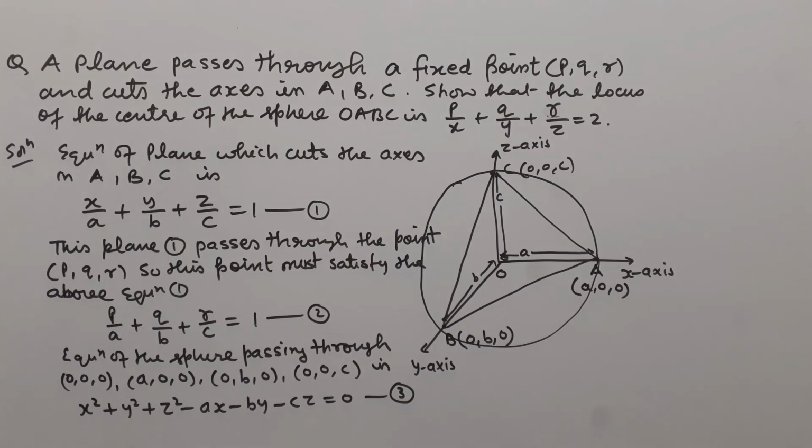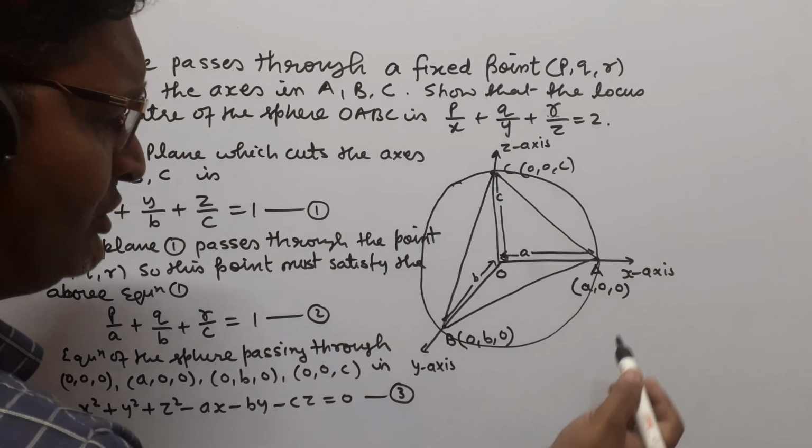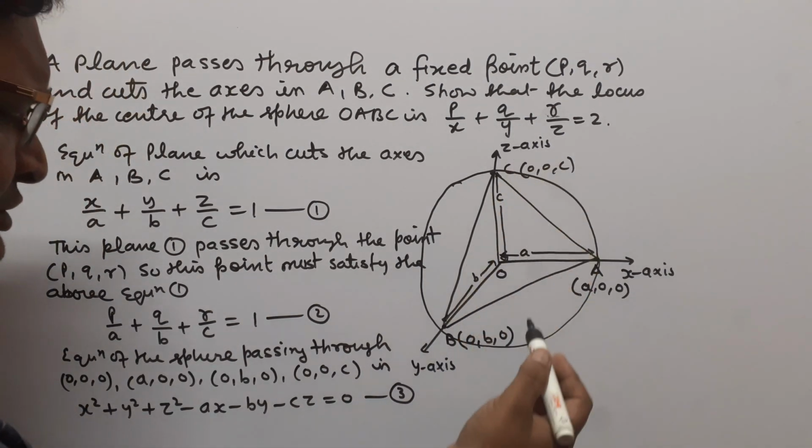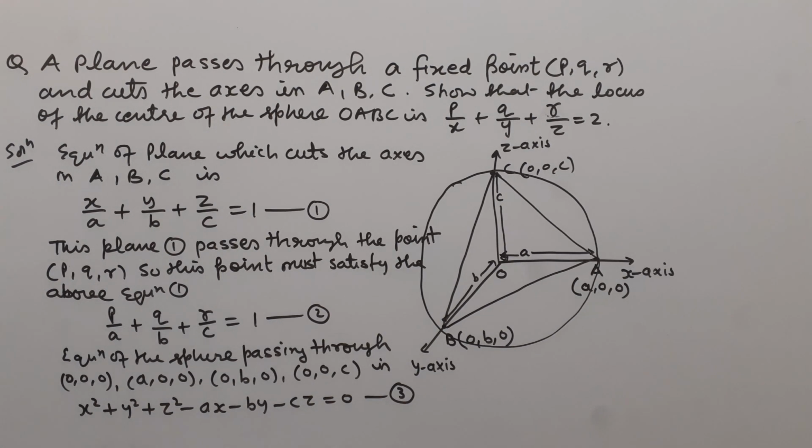We know that the equation of a sphere passing through the points O, A, B, C, that is (0, 0, 0), (a, 0, 0), (0, b, 0) and (0, 0, c), can be written as x square plus y square plus z square minus ax minus by minus cz is equal to 0.